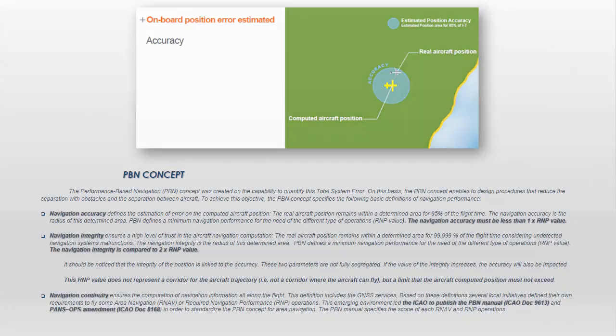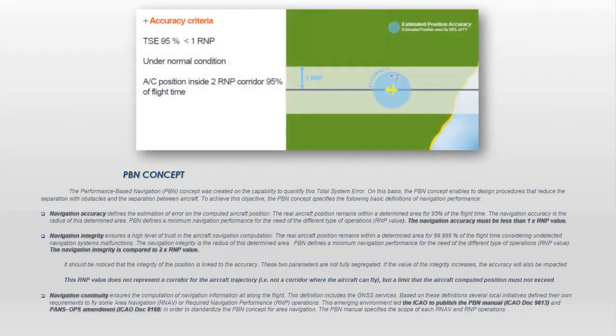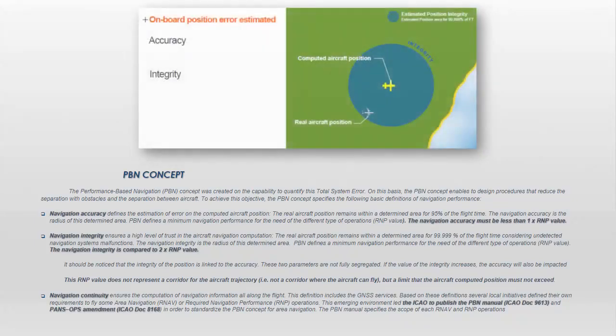PBN defines a minimum navigation performance for the need of the different type of operations, RNP value. The navigation accuracy must be less than 1 multiply RNP value. Navigation integrity ensures a high level of trust in the aircraft navigation computation.